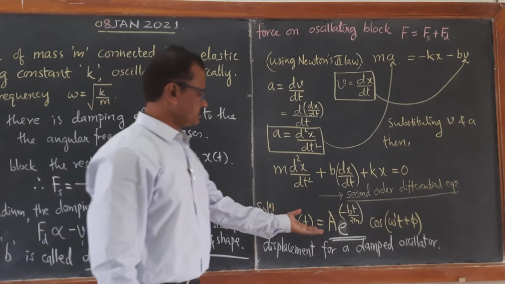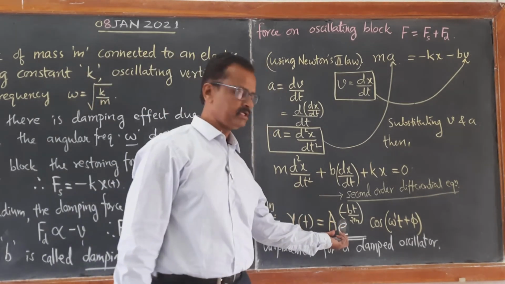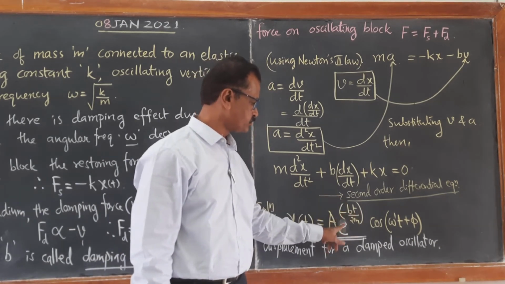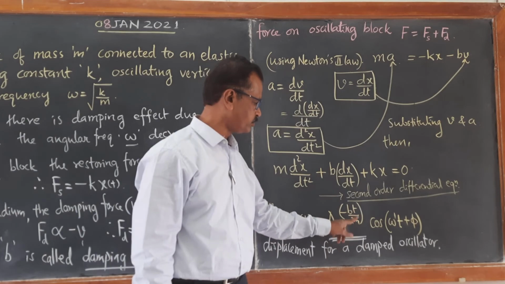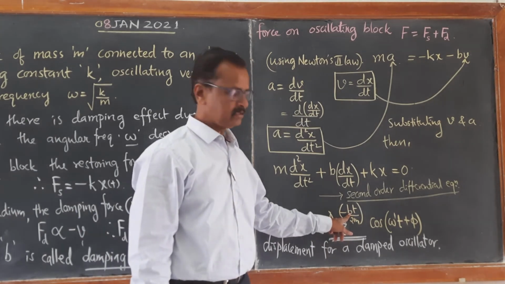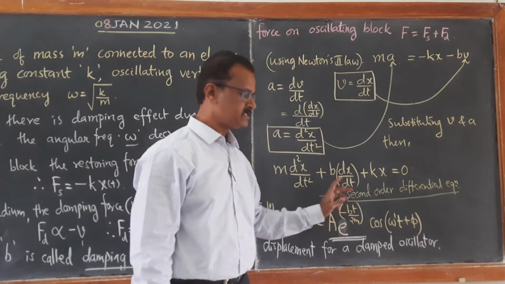If you look at it, the amplitude of oscillation is exponentially decreasing with respect to time t, e to the power of minus bt upon 2m, where b is the damping factor, m is the mass of the oscillating body and t is the time.